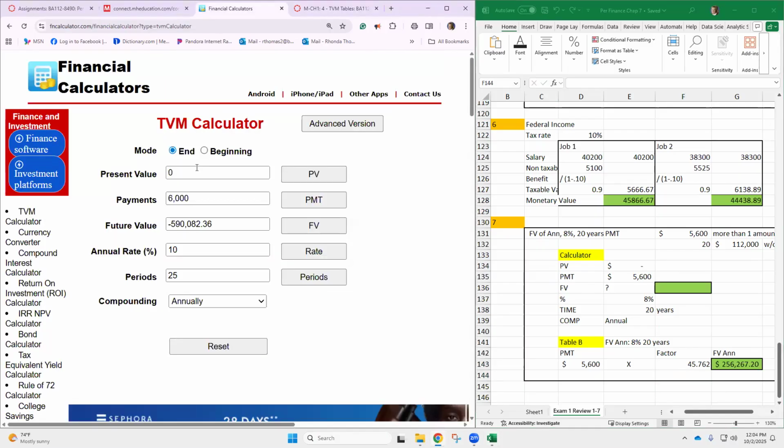I'm looking at 256,267. Throwing that in the calculator. Extra money that she's decided not to spend, which is pretty smart. Future value, yep, very close. 256,267.